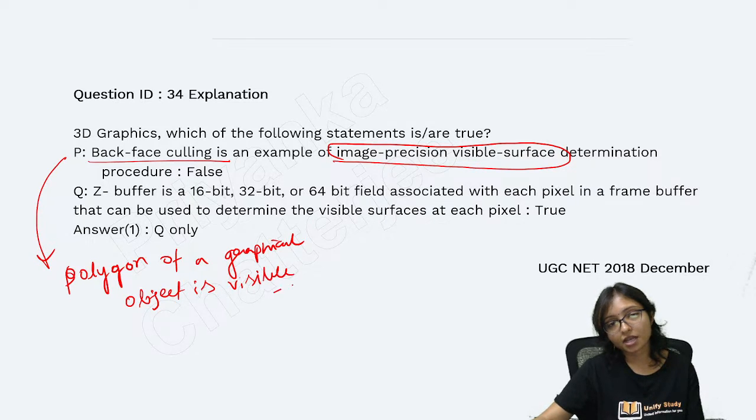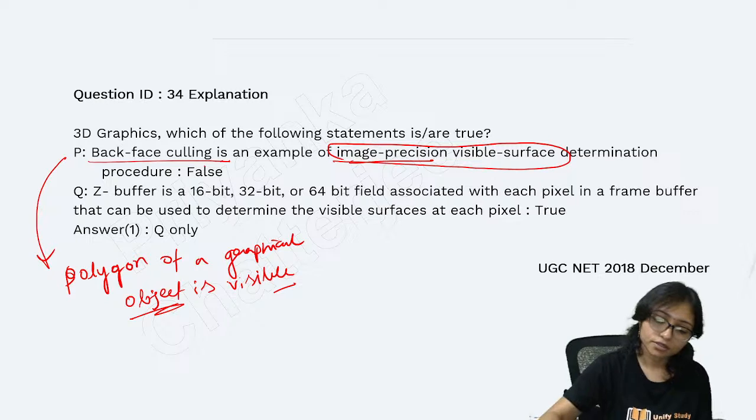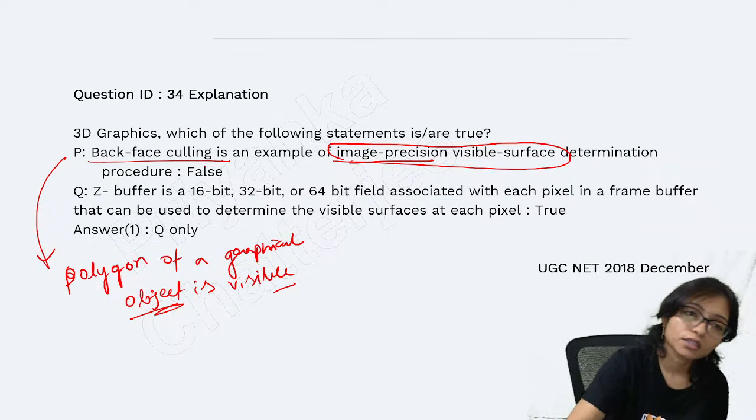That is the main task of backface culling. Here it is given image precision, not object polygon. Okay, so that's why this is wrong.